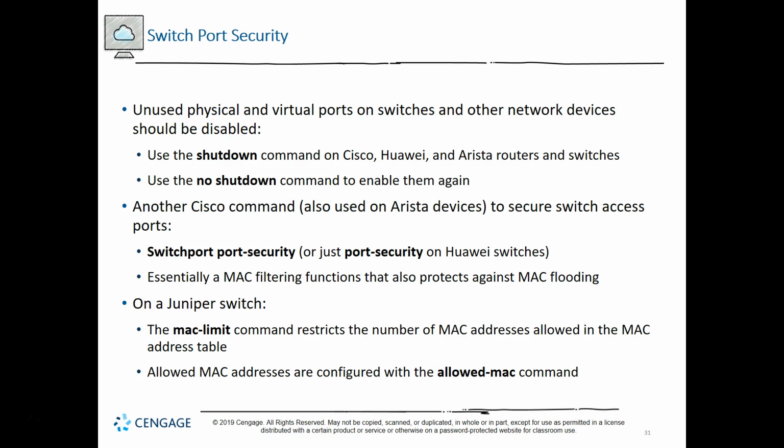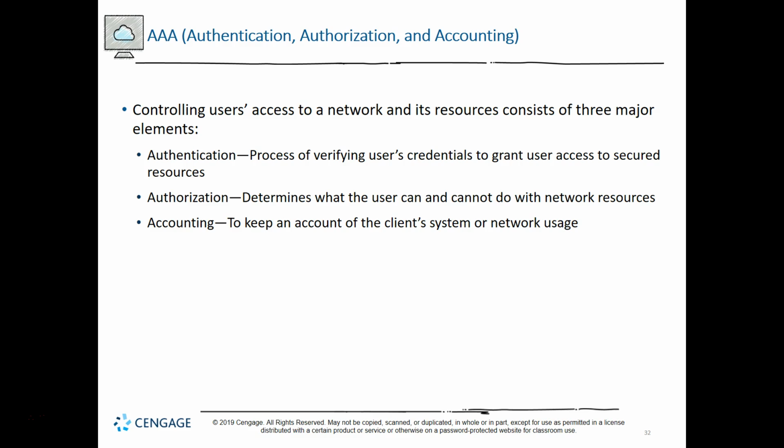Because we put data jacks everywhere for convenience, because it's cheaper when we build a building or we're redoing a building to put them in everywhere. That doesn't mean we have to have them connected and live. And if I'm local into a network and I can plug something in, I can usually do some kind of damage.